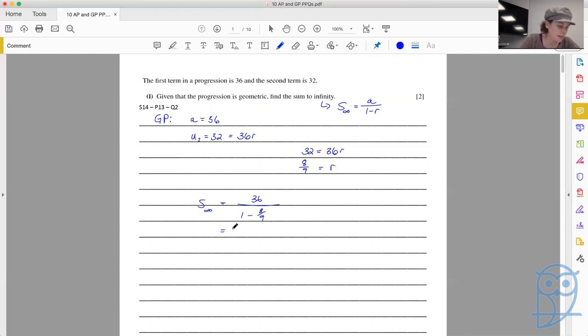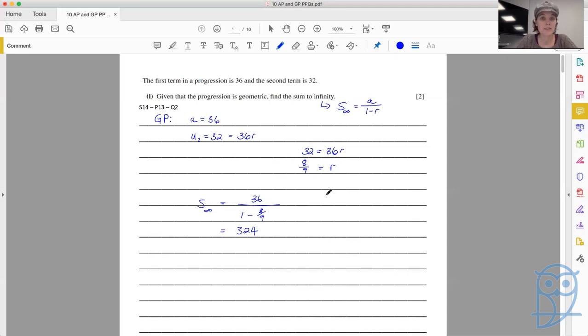Plug that in a calculator: 324. So nice little gentle warm-up. We needed A, we needed R. We were given A, we could calculate R. Plug them in, sum to infinity sorted.